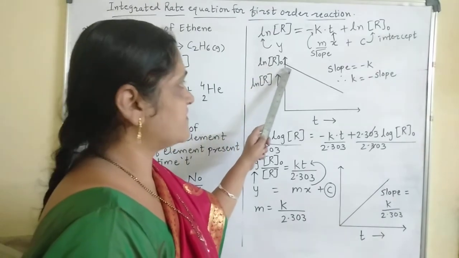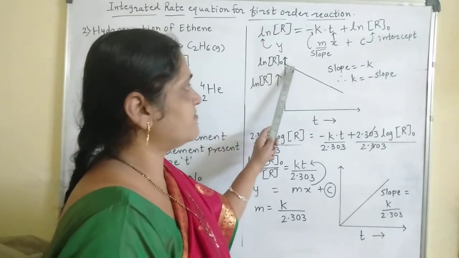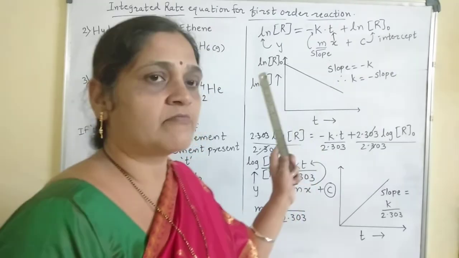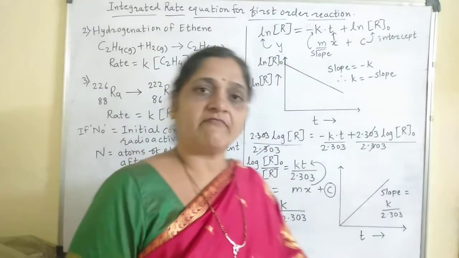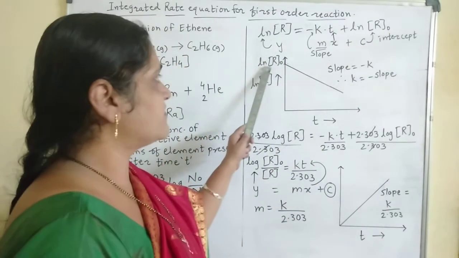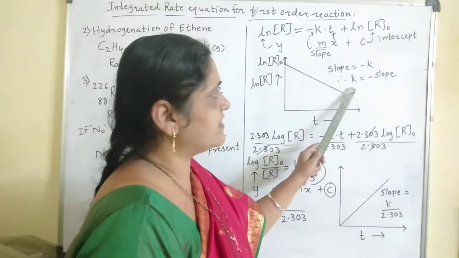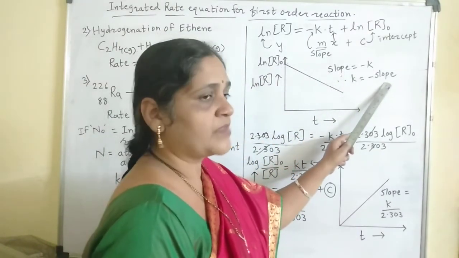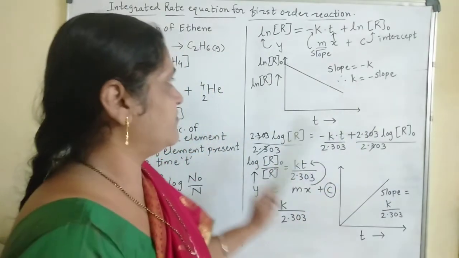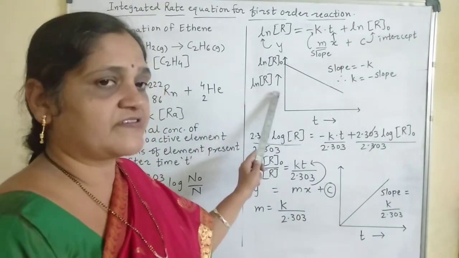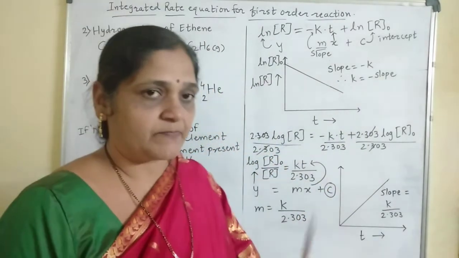You all know the concept of intercept: it is where the straight line or curve intersects the y-axis. So ln of R0 is the intercept and slope is equal to minus k, or we can write k is equal to minus slope. This way you get a graph when you plot ln of concentration of R versus time.